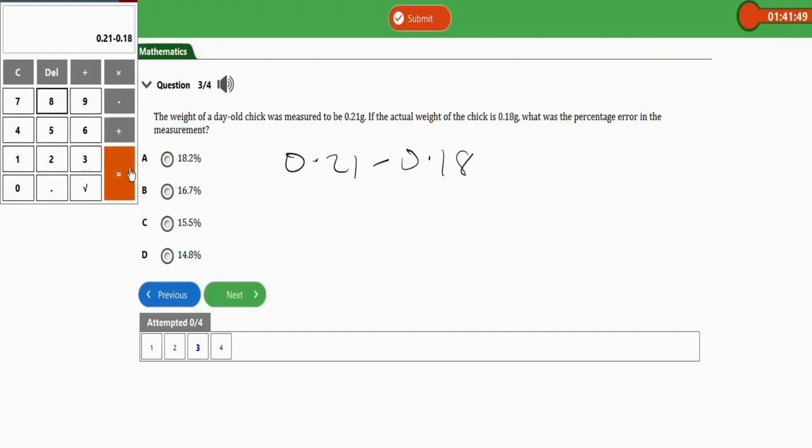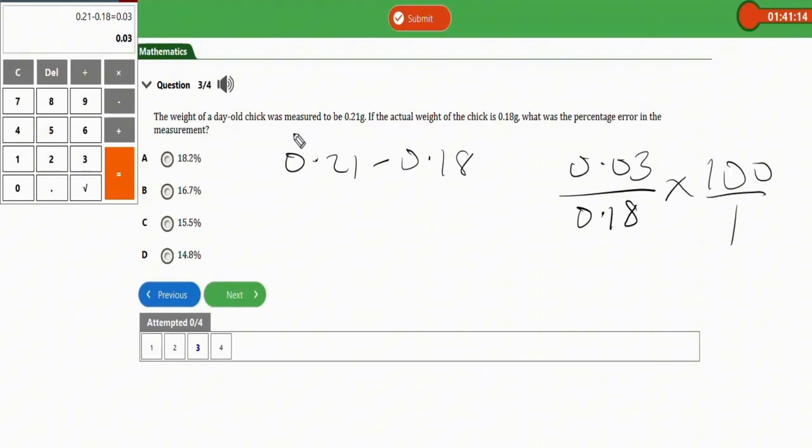What's the output? We have it to be 0.03. 0.03 over the actual weight. Sorry, on the question, if the actual weight of the chick is 0.18 gram, so 0.18 gram times 100 over 1.